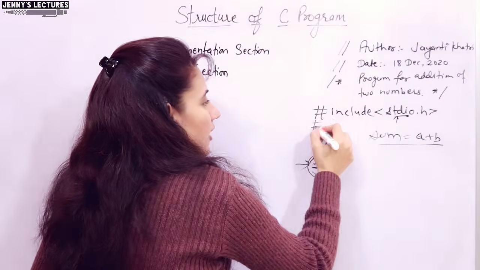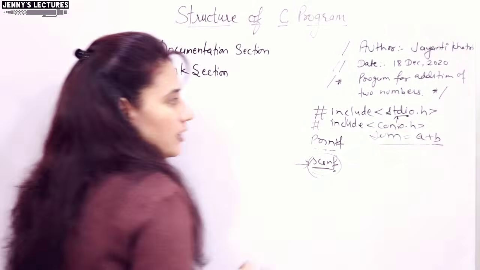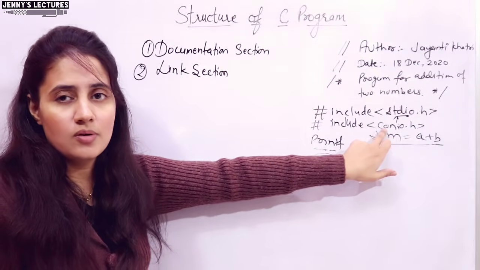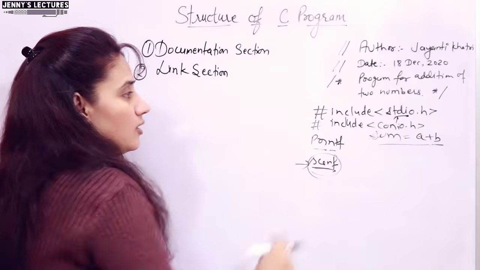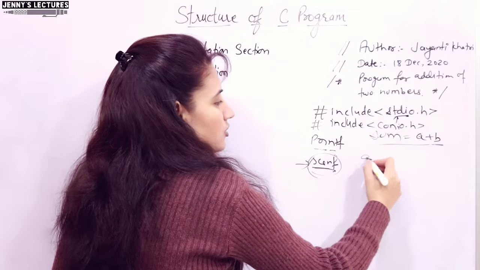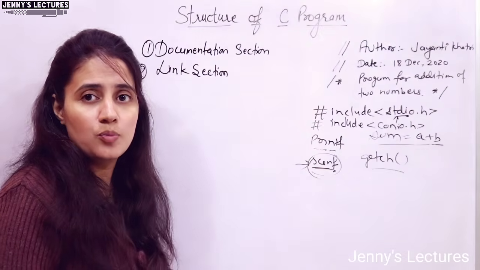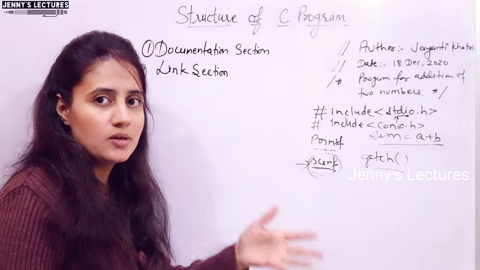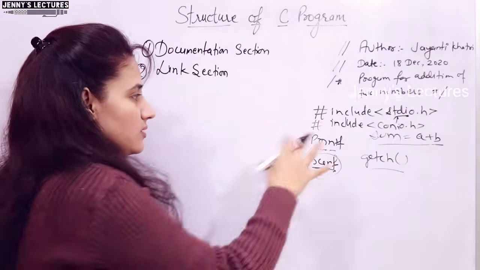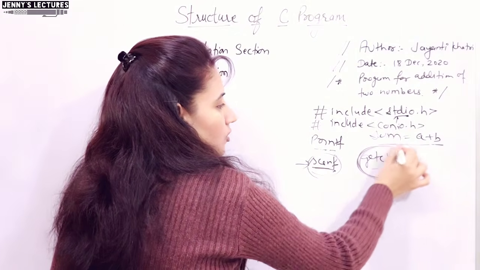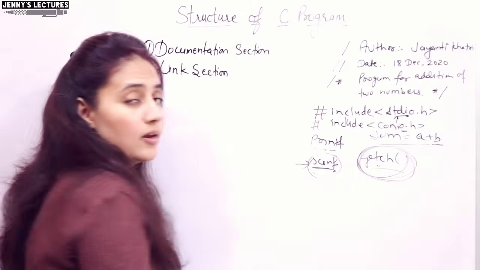If you include hash include conio.h, conio means console input output, the full form. Sometimes they can ask it in viva. This is for what? If you use the function getch, it is basically to hold the output screen. When we discuss a complete program, then we will discuss what that means. This function is already defined in this header file.